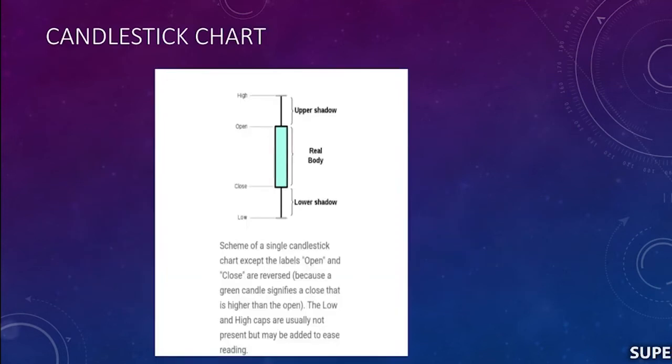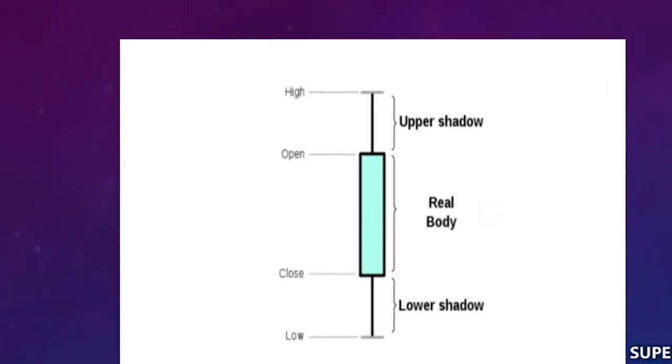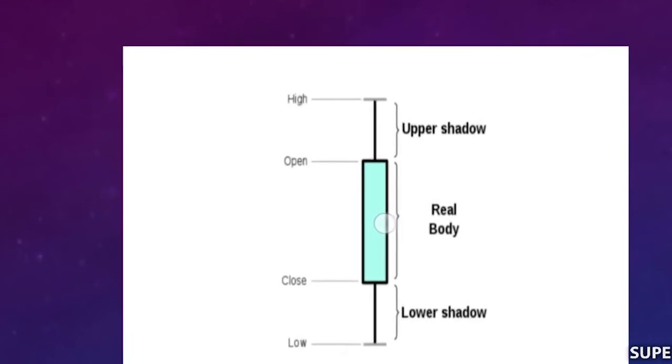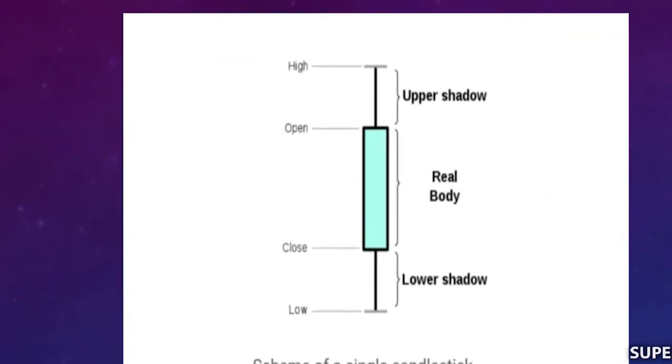A candlestick chart has a number of parts. The body is known as the real body, the wick of the candle is known as the upper shadow, and this part is known as the tail or lower shadow. The bottom of the lower shadow is the lowest price, and the top of the upper shadow is the high price.